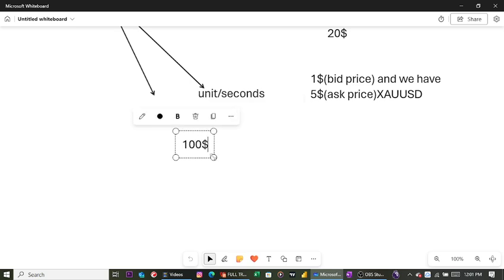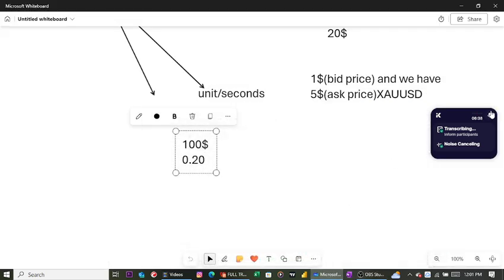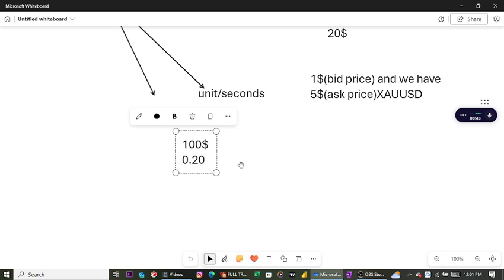I have $100 and I'm using a lot size of 0.20. My leverage is 1 to 100, and it does not permit me to trade this lot size.